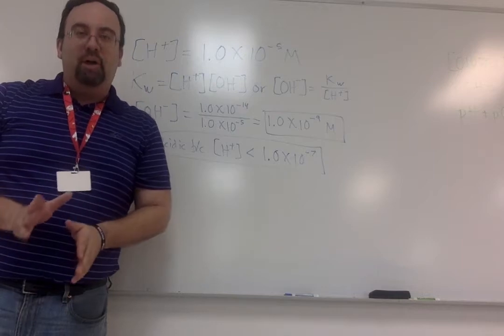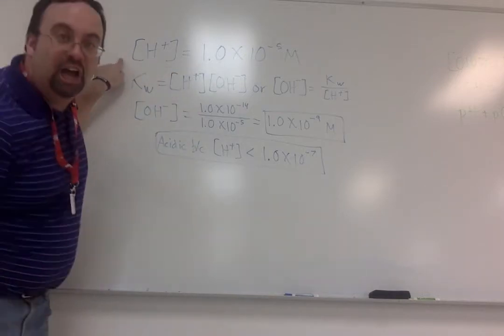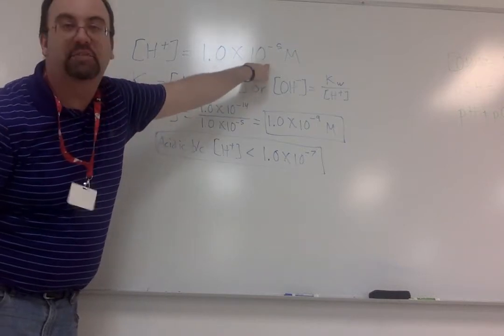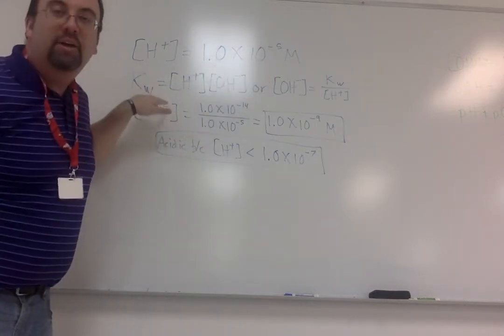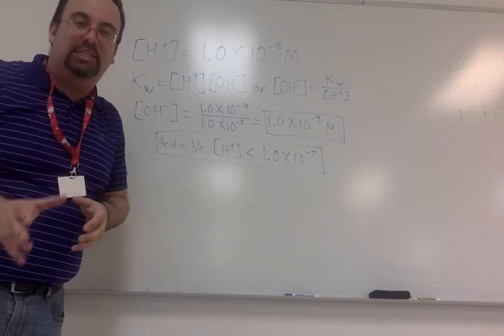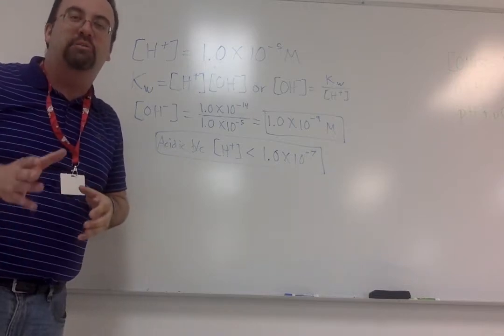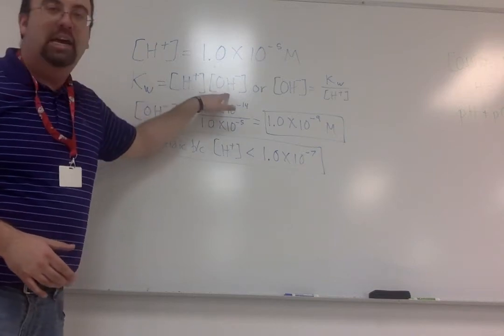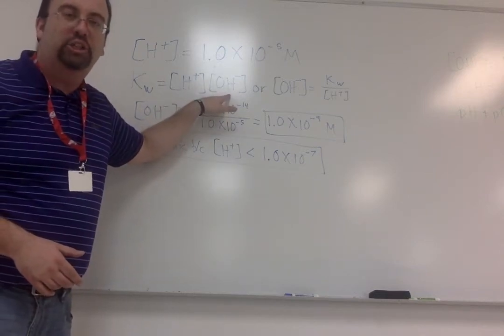Remember that in this problem, we're told that the hydrogen ion concentration is 1.0 times 10 to the minus 5 molar. Remember that we can calculate the K sub W, the ion product constant for water, by multiplying the hydrogen ion concentration times the hydroxide ion concentration.